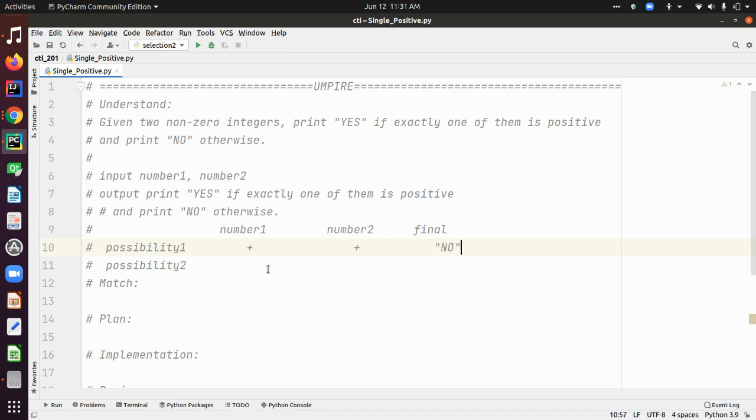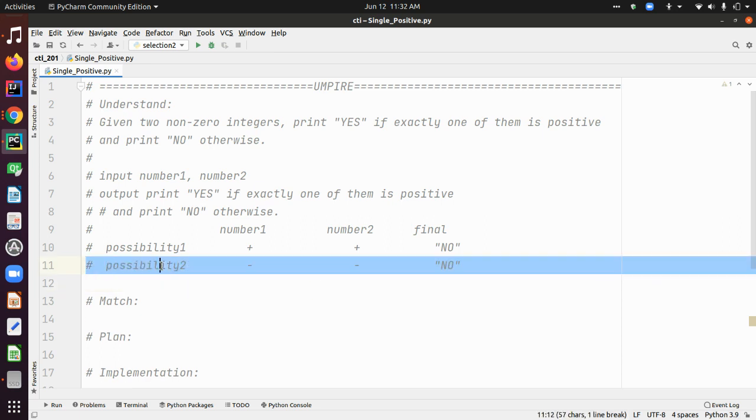All right. So the next possibility is negative and negative, and this is also no. All right. So let's go to the other possibilities.